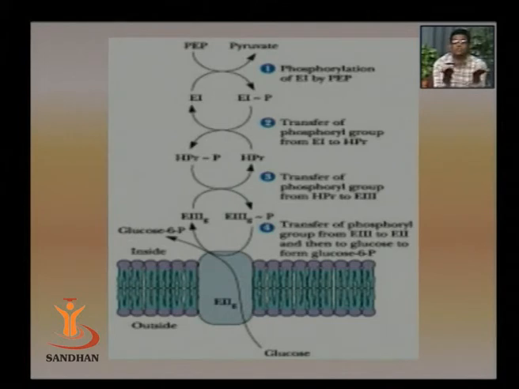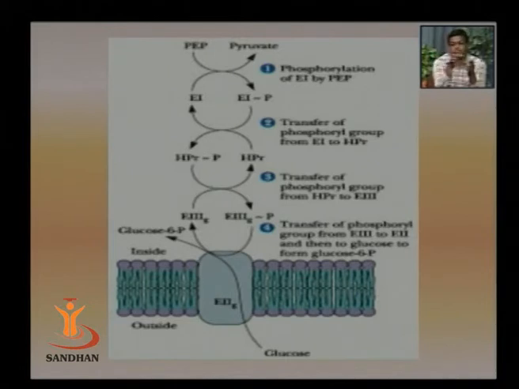After phosphorylation of HPR, now HPR will donate this phosphate to the E3 enzyme, which is present just beside the membrane, and again HPR will become dephosphorylated. So here phosphorylation and dephosphorylation are carried out sequentially, and one cascade is formed. By that cascade, phosphate will travel from PEP to the E2 side.